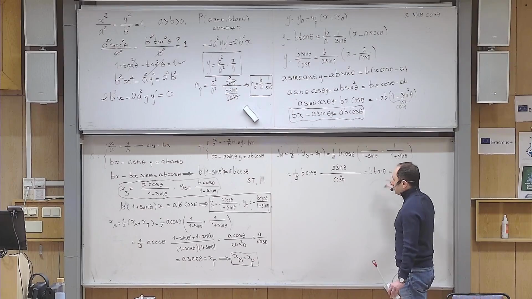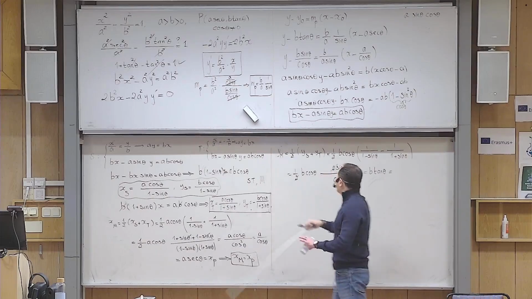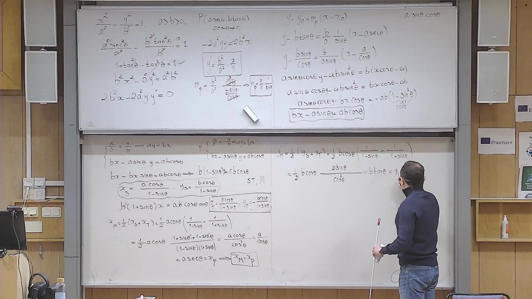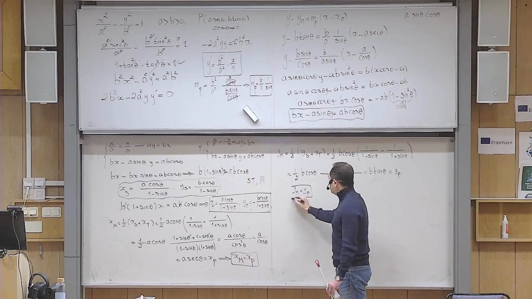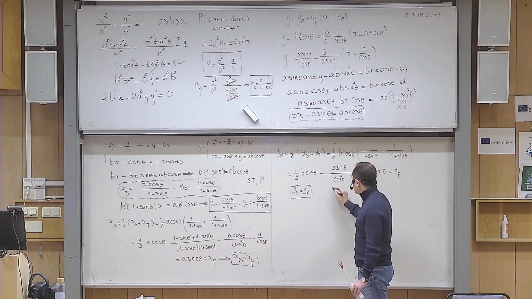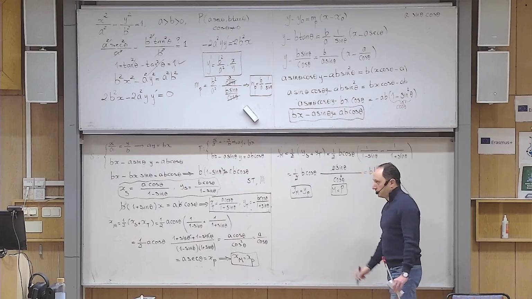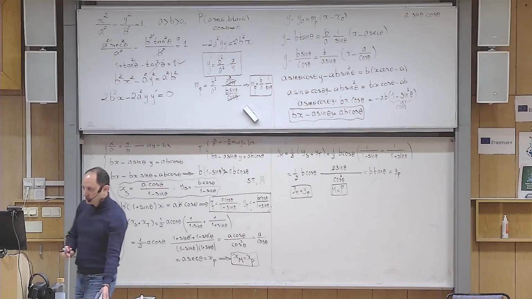And then again, you see that b tan theta up there is the y-coordinate of point P. So this means that the y of the midpoint is also y of the point P. So these points are the same because the x-coordinates are the same and the y-coordinates are the same, so indeed the midpoint is the same as point P. So that is the next step of the solution.